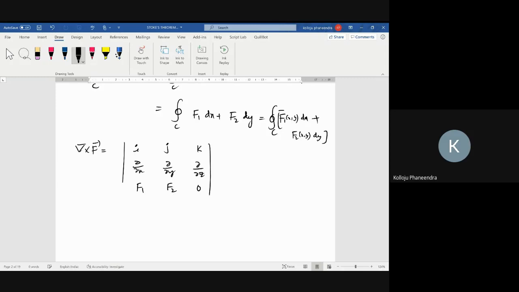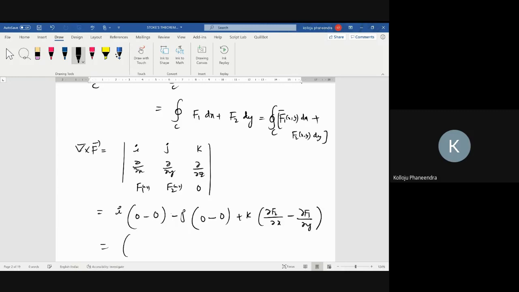There is no z component in F bar in two dimensions. So the i component is 0, since F2 and F1 are functions of x y alone. Likewise the j component is 0, and the k component gives dou F2 by dou x minus dou F1 by dou y.